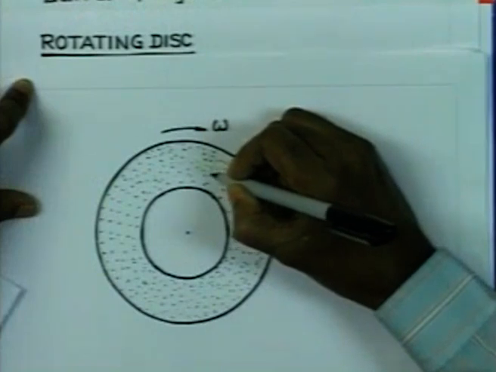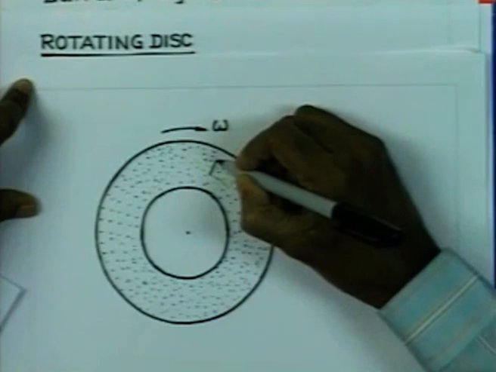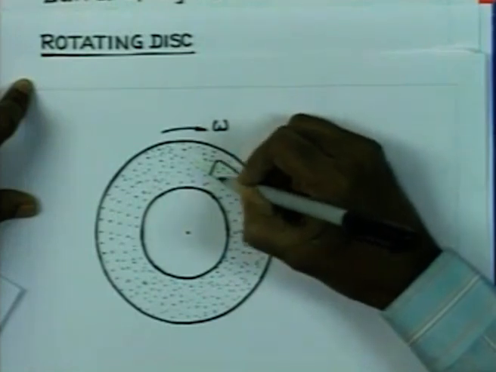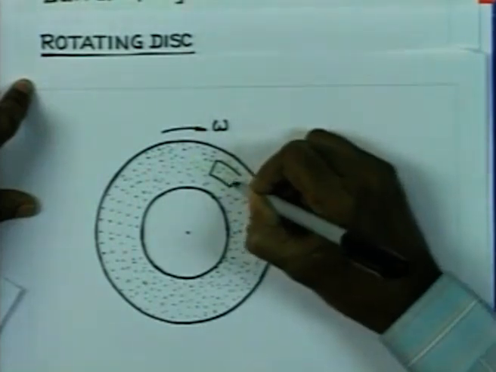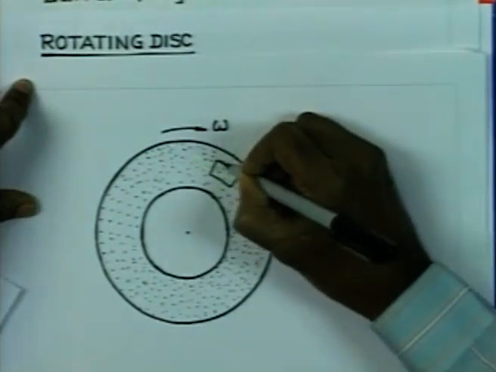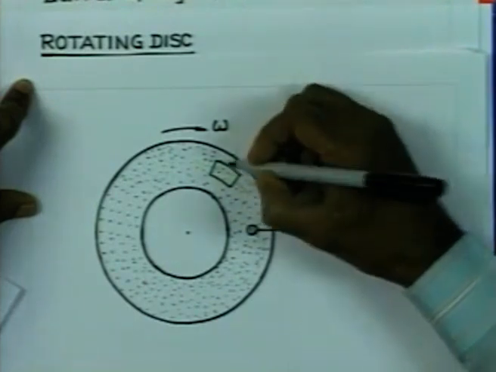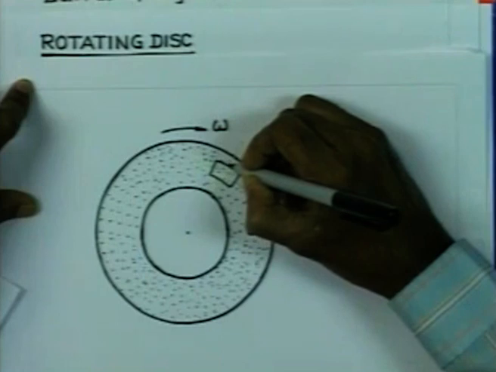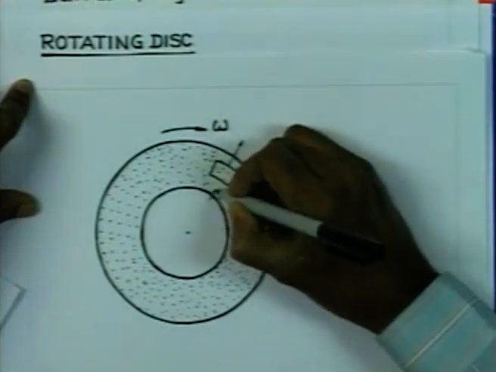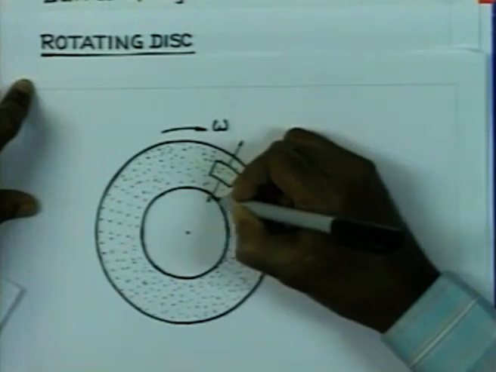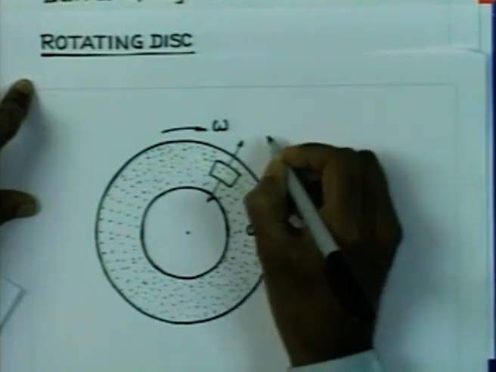So, if you consider an element oriented like this, then you will find that there are going to be stresses developing in the radial direction.